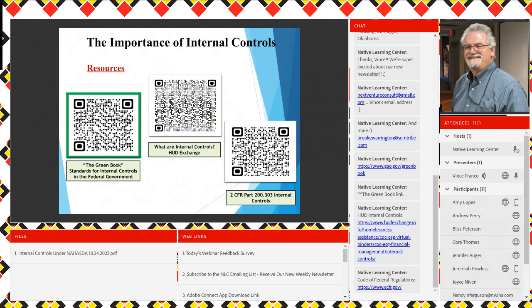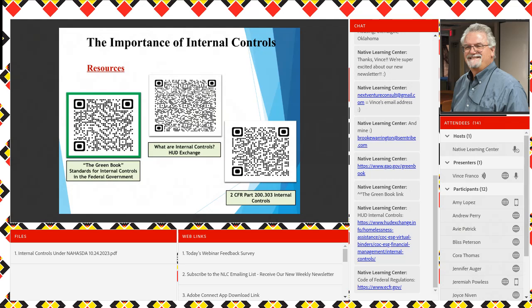My smartphone is taking me to the Code of Federal Regulations. If you want to drill down a little more, we will talk about this in more detail. You can even Google 2 CFR Part 200.303, and it's going to take you to the specific citation, the requirements for internal controls. And that's something we have to abide by.